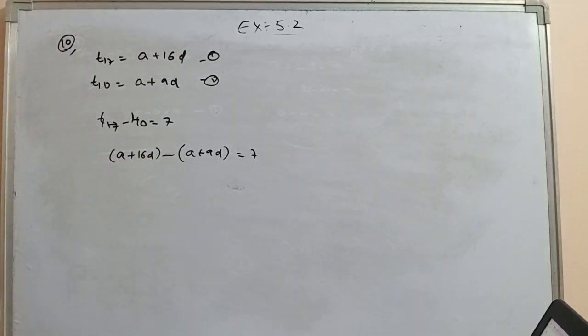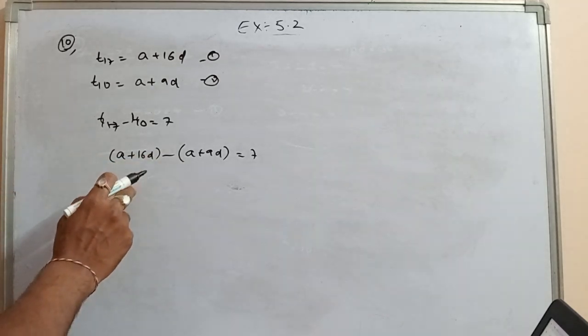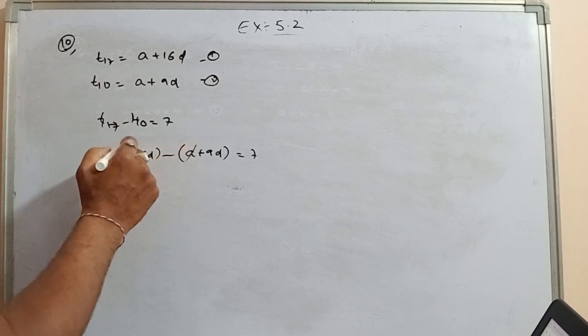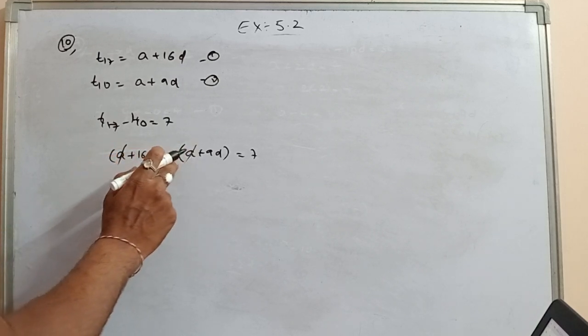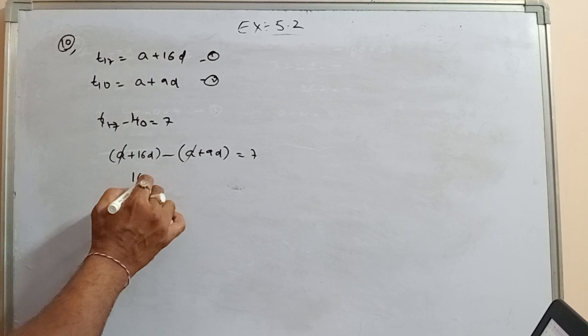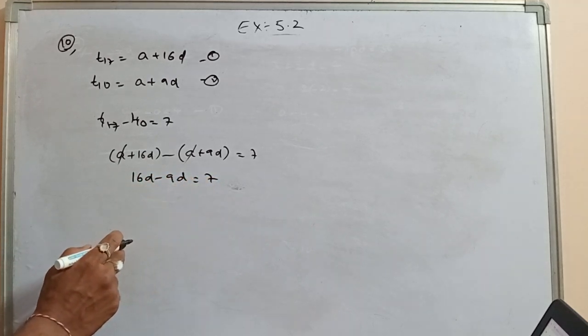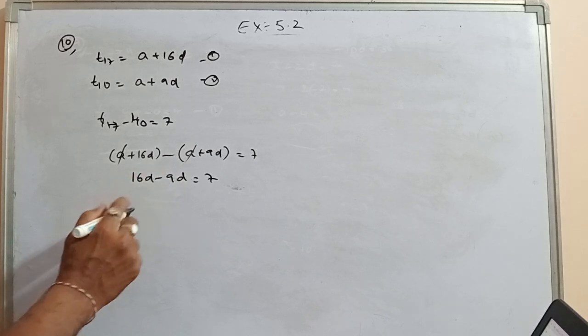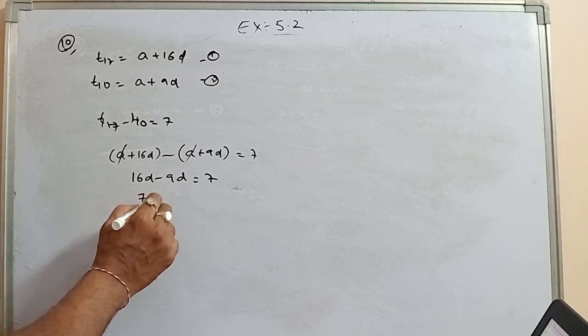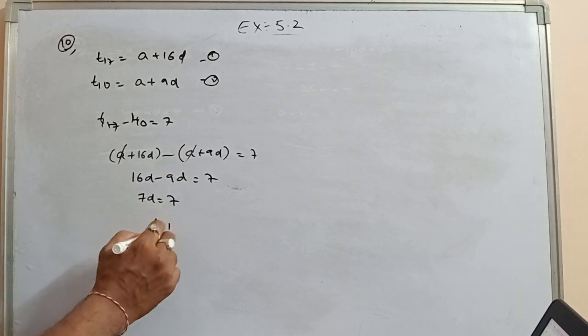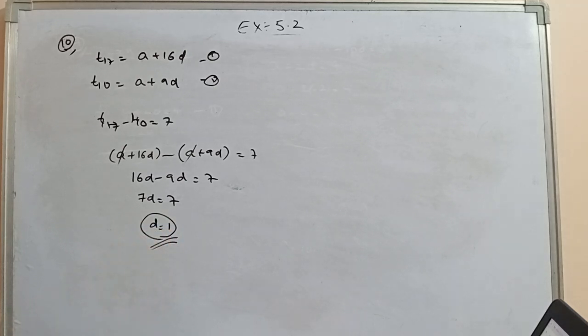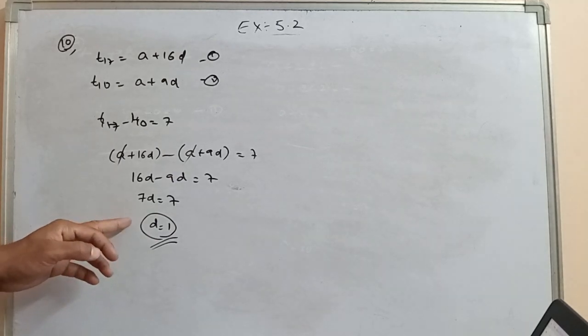So here a and a get cancelled, a minus a, 16d minus 9d is equals to 7. 16 minus 9 is 7, so 7d is equals to 7, so the value of d will be 1. Therefore the common difference is 1.